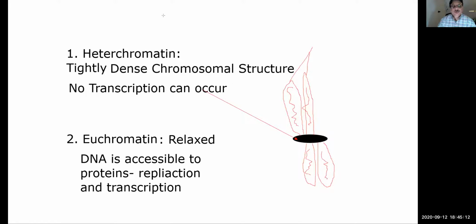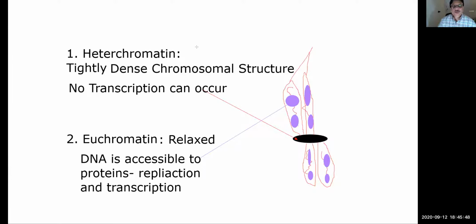There are some regions of the chromosome that could express protein, right? So the regions that can express protein are referred to as euchromatin.